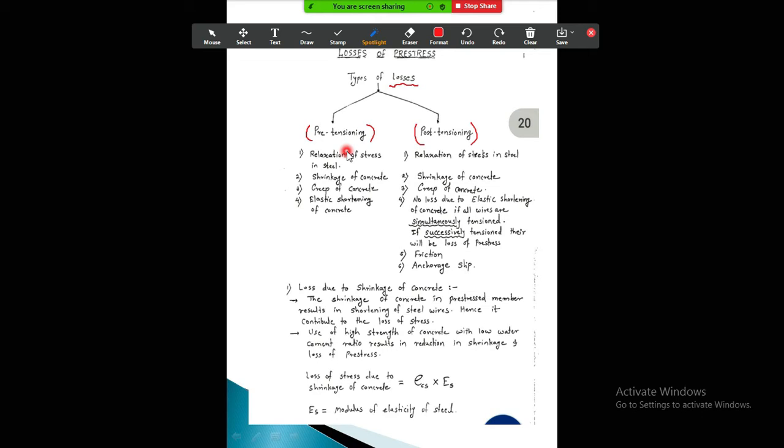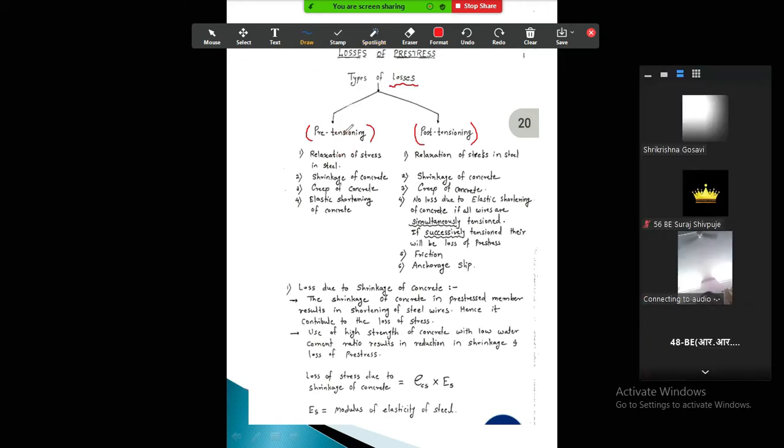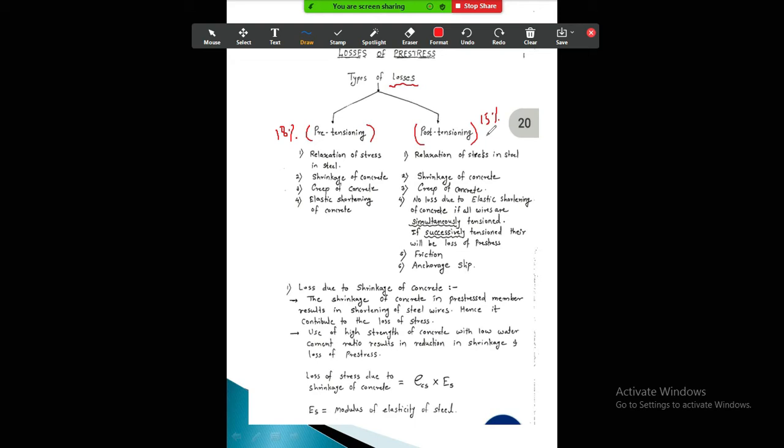The average loss in pre-tensioning is near about 18%, and the average loss in post-tensioning is near about 15%. That is not written over here, so I will write it. It is including all losses.